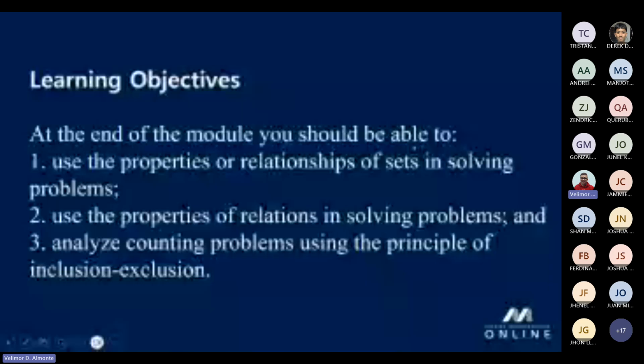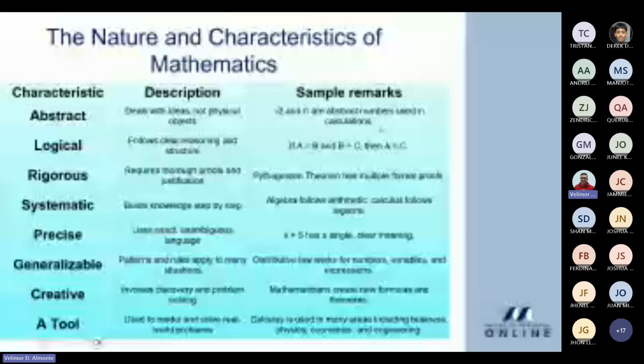So from sets to set operations today, our objective. Here is a summary of what we've been discussing in module number one, the nature and usefulness of mathematics, its characteristics as a language. From last meeting, we presented to you the grammar of mathematics, which is logic.